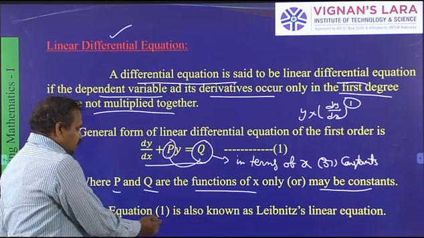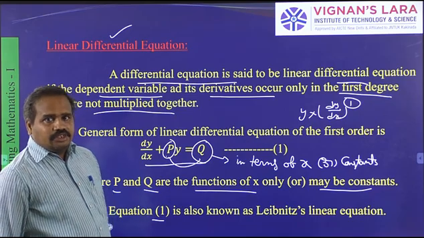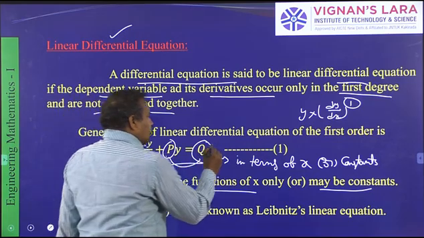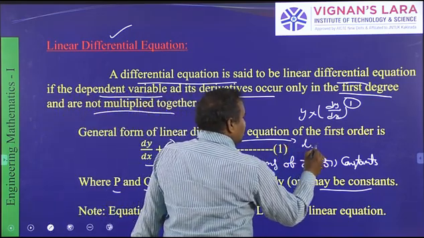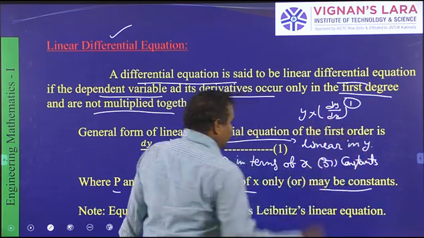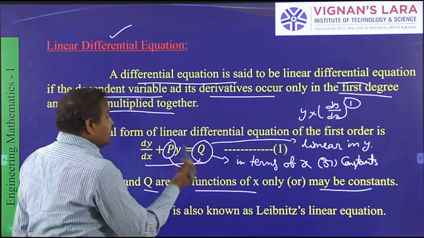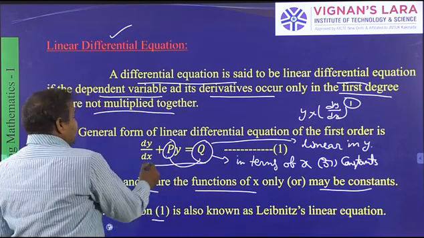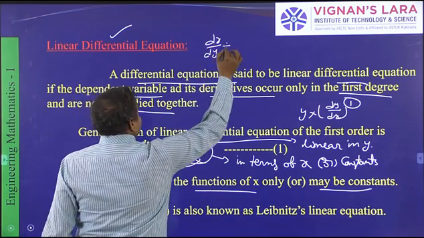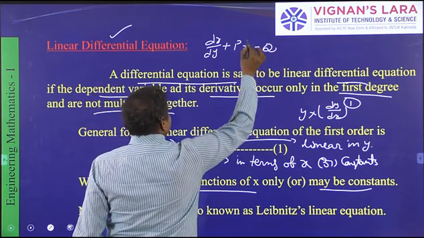Important point. This equation is also known as the Leibniz linear equation, and it is said to be linear in y. The alternate form is linear in x. What is linear in x? Linear in x means dx by dy plus p into x is equal to q.